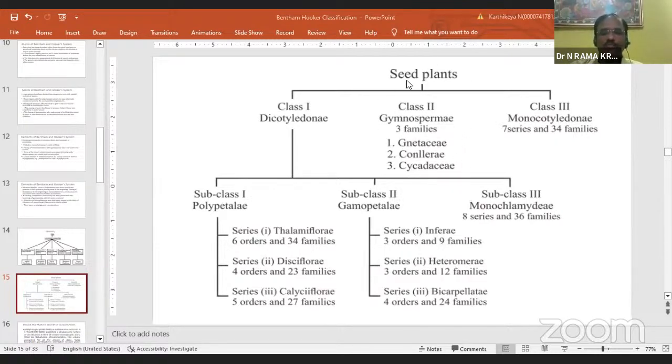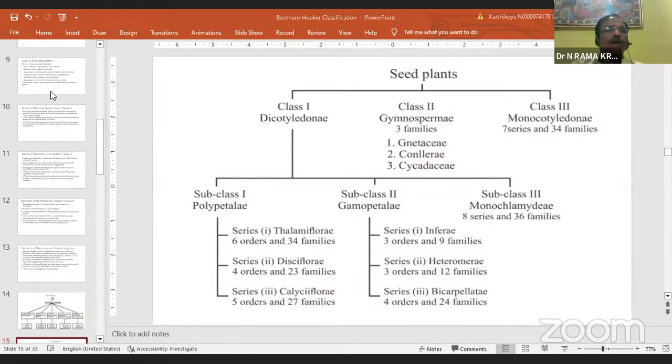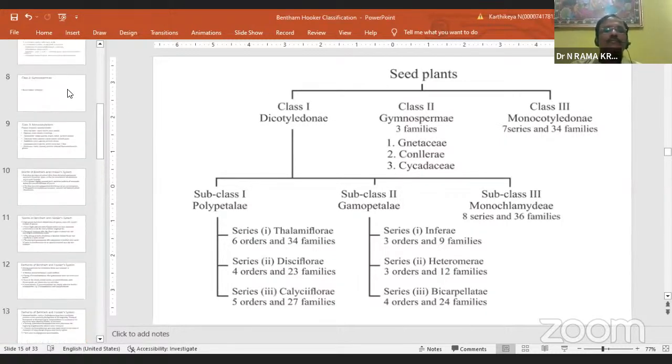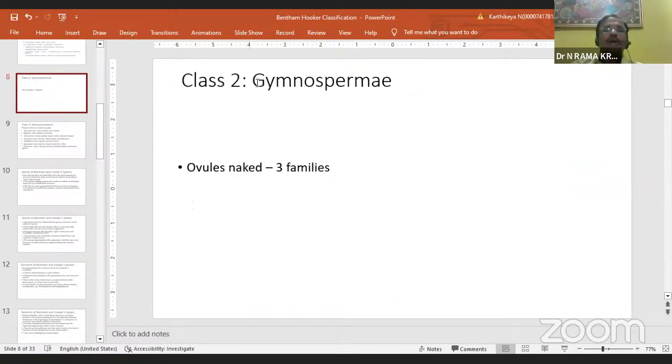This is of gymnosperms. Is it okay now? So the next point, the last class. Here, this is of class Gymnosperms, only 3 families there. That's all.